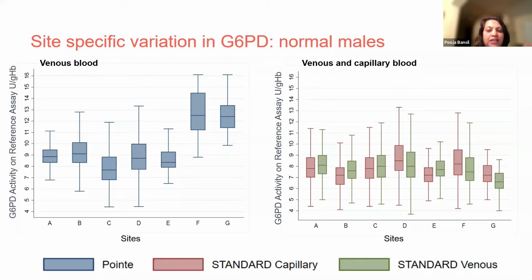The figure on the left is for the point reference assay from venous blood, and the one on the right is for the standard test for venous and capillary blood. As shown here, there is a lot of variability in the reference assay, but not on the standard for both capillary and venous samples. Next slide.